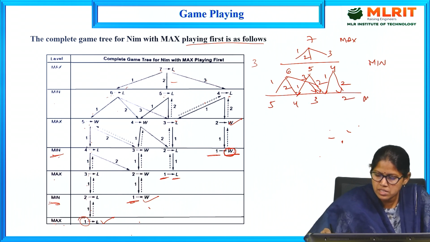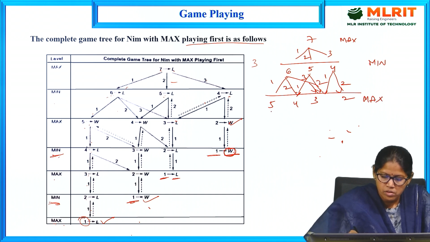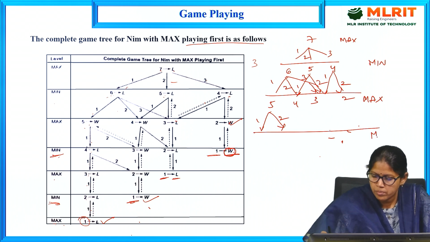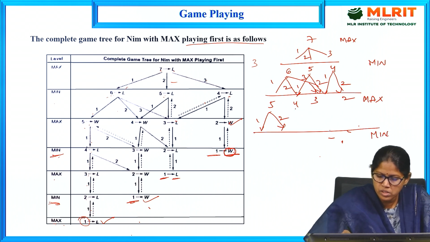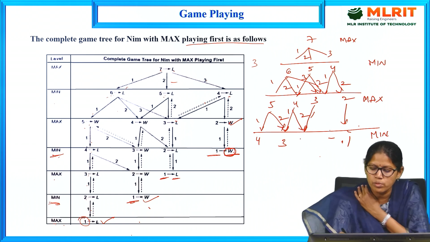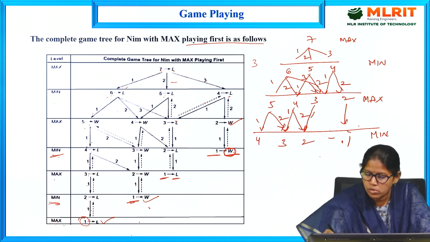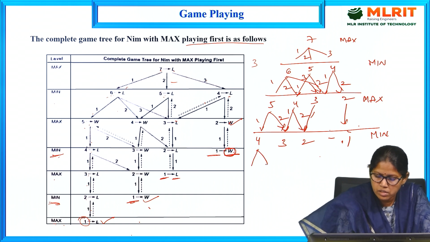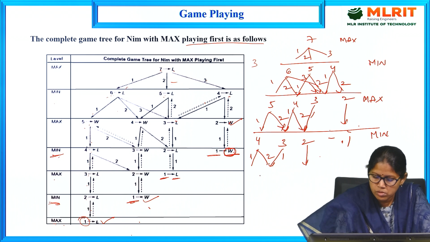Next, max level, 1, 2. Min level, 4 minus 1, 3, 4 minus 2, 2, 3 minus 1, 2, 2 minus 1, 1. So 5 minus 1, 4, 5 minus 2, 3, 4 minus 1, 3, 4 minus 2, 2, 3 minus 1, 2, 2 minus 1, 1, and again here also 1, 2, 1, 2.